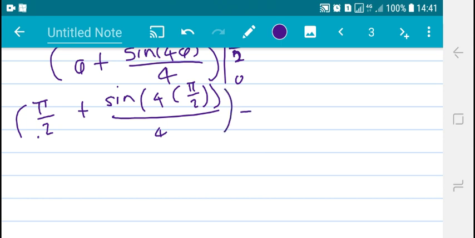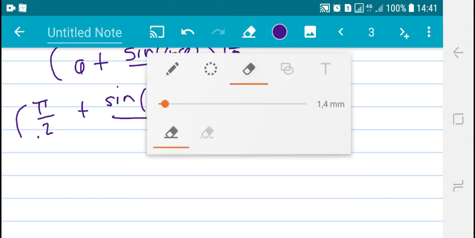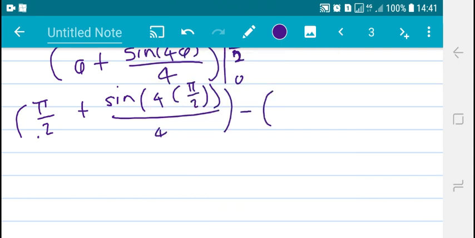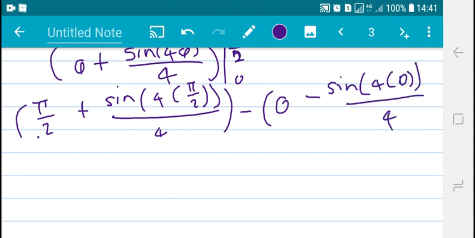Then I subtract the substitution of the lower limit: 0 minus sine of 4 times 0 over 4. We notice that this whole thing should be 0, since sine of 4 times 0 is 0.